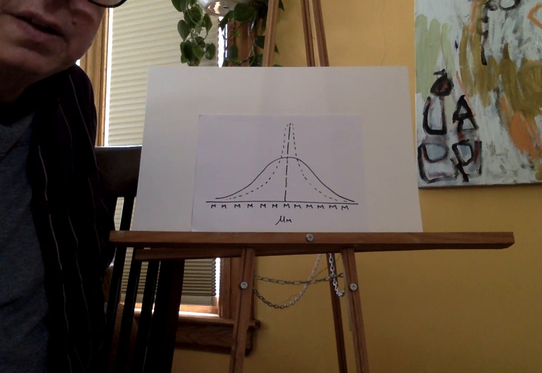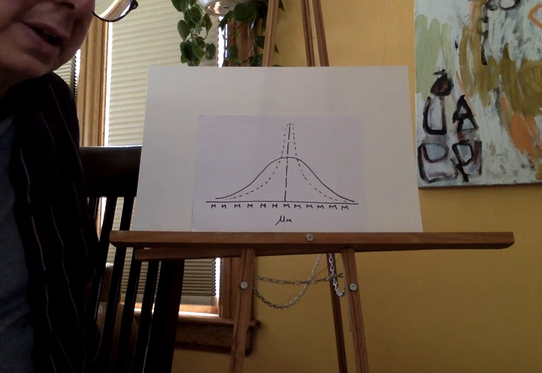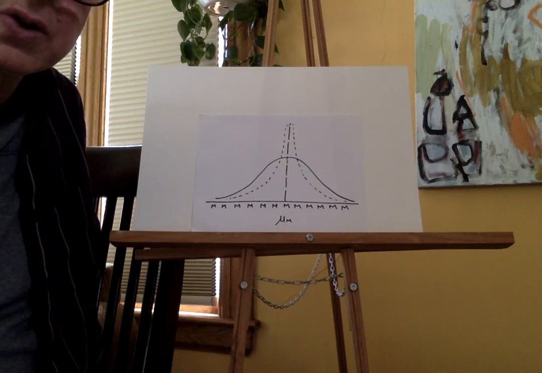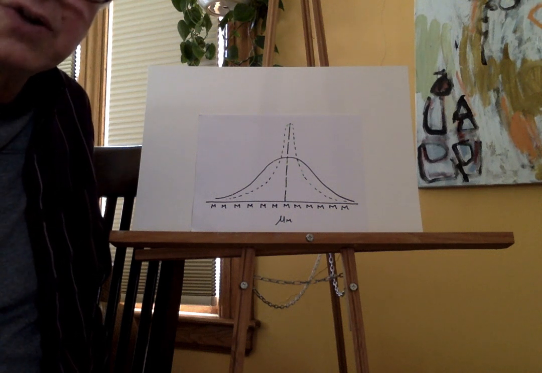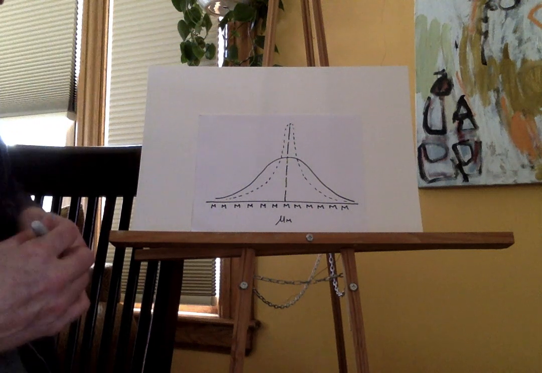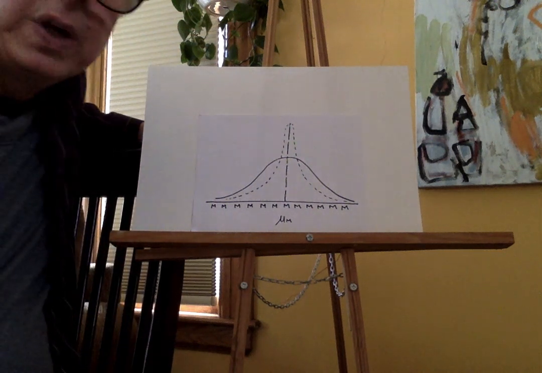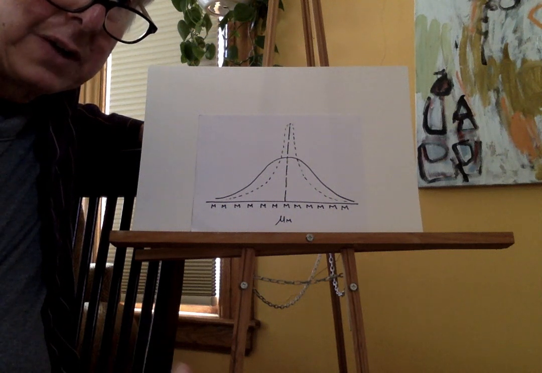So dotted line versus solid line. Which of these distributions do you think represents larger samples? Well, we know the larger the sample, the smaller the variability.